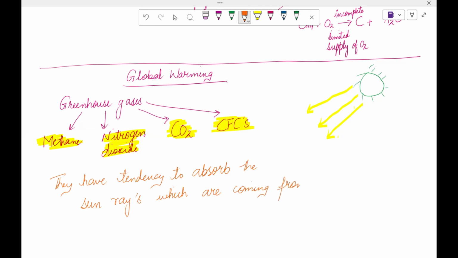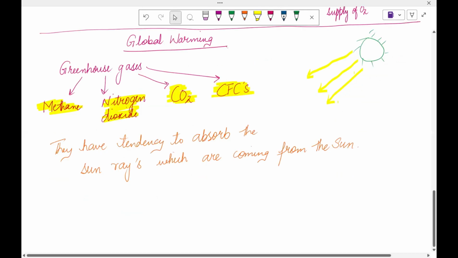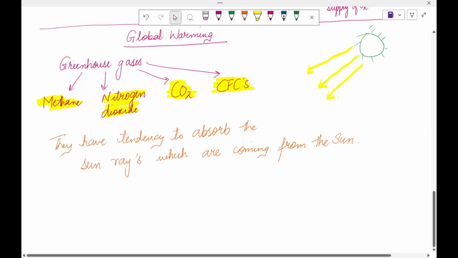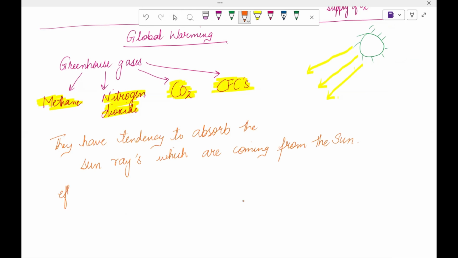But when the rays come from the sun, what will happen? These gases will absorb these rays. And what will be the effect? The temperature of the earth will rise, because these gases have the ability to absorb the sun rays.